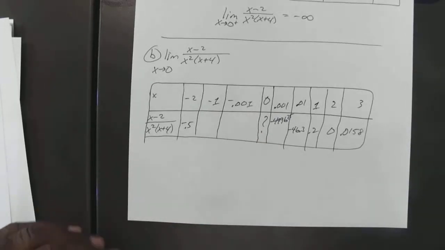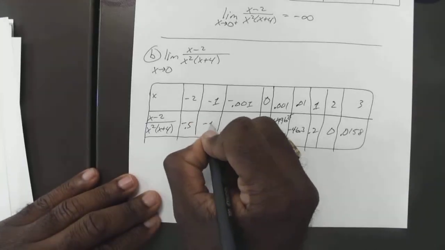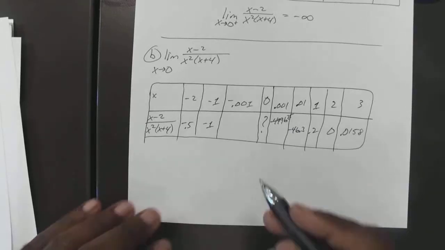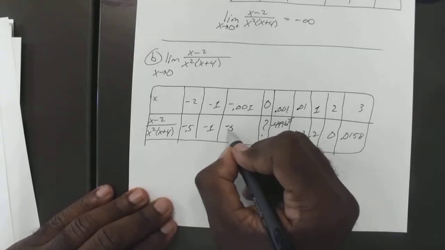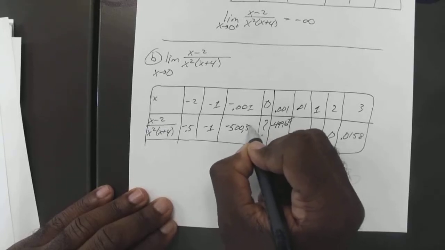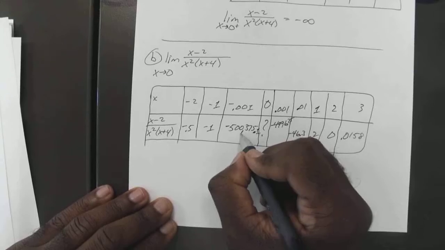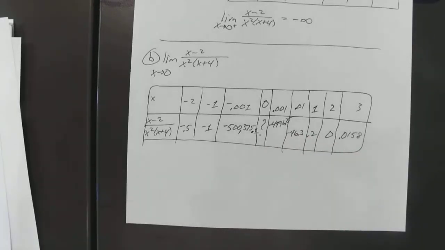If we plugged in negative 1, we actually end up with negative 1. But if we plugged in negative 0.001, we'd end up with negative 500,375.1. So once again, those numbers are just getting smaller and smaller and smaller, closer and closer to negative infinity.